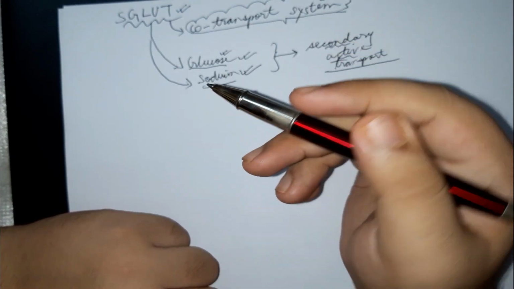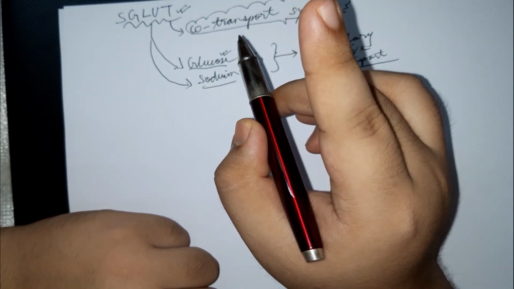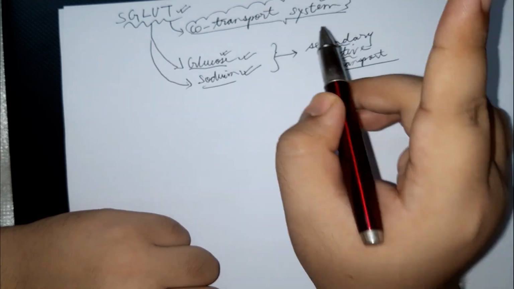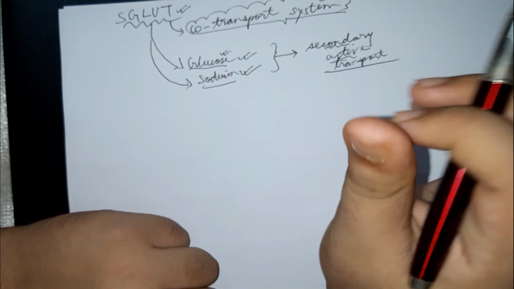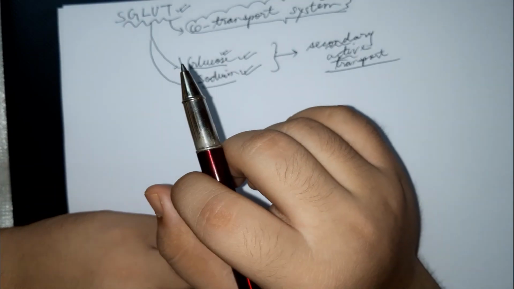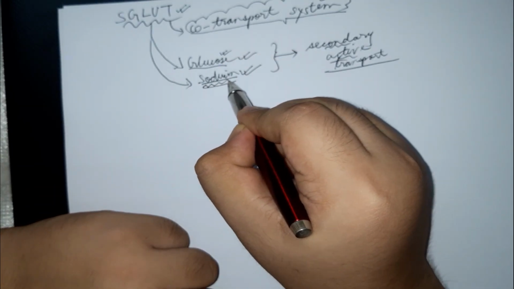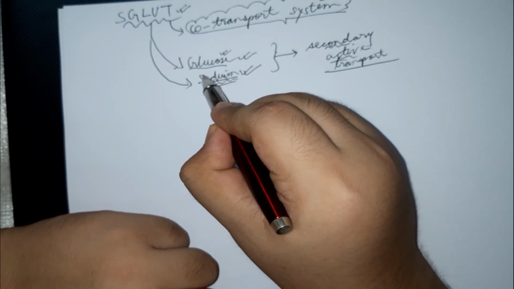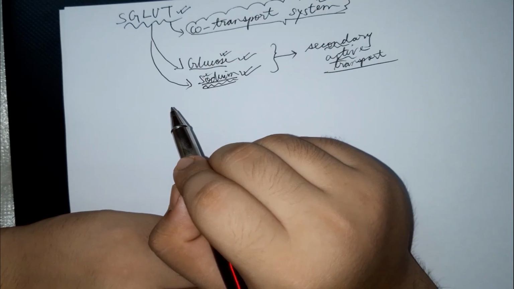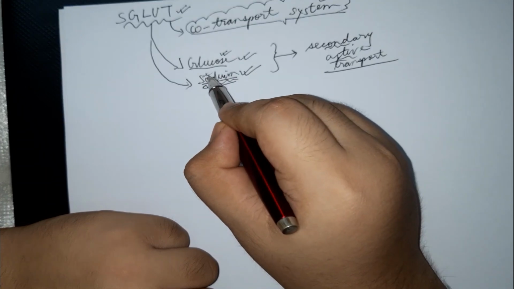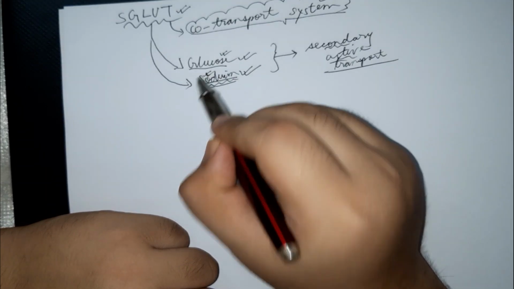Energy has to be utilized, right? But that energy is not directly coming from any energy source like ATP. Rather, it is being linked with the transport of another substance, which is sodium in this case. It is linked to sodium transport.